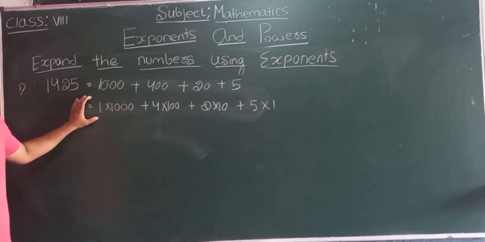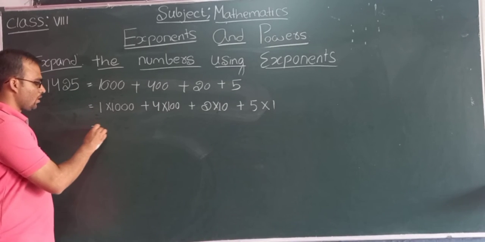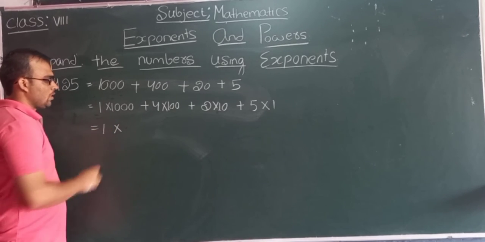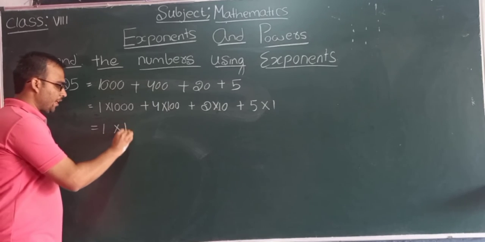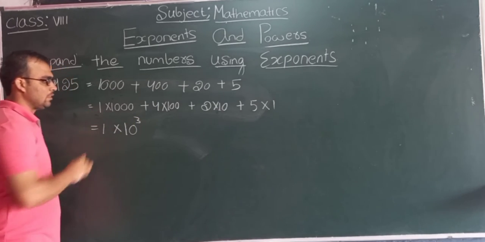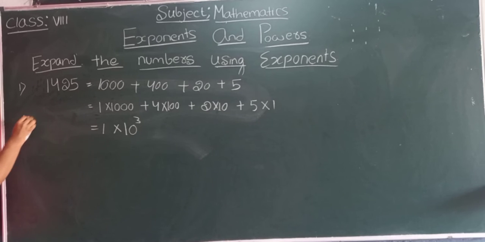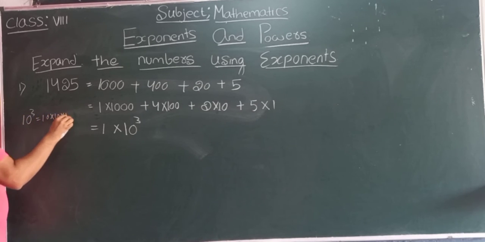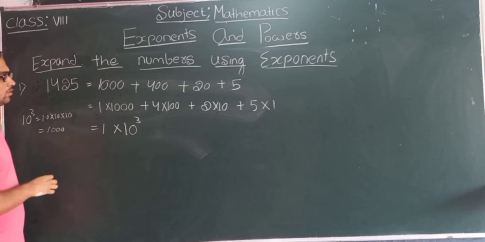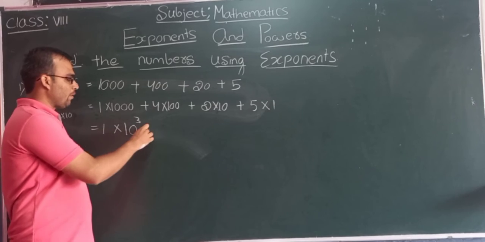Then, students, this 1000 can be written as 10 to the power 3. Why? Because 10 to the power 3 means multiplying 10 three times, that is 10 tens are 100, 100 tens are 1000.